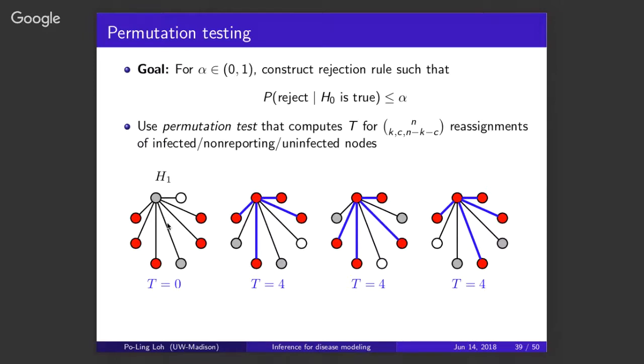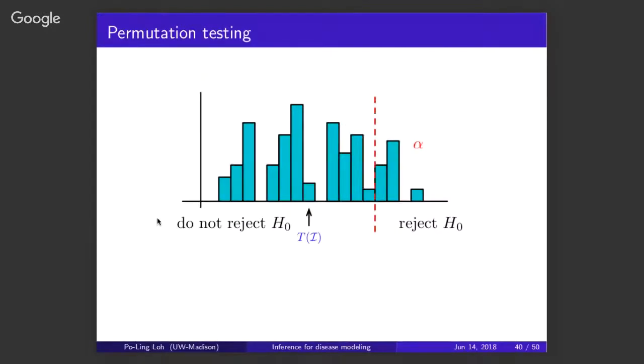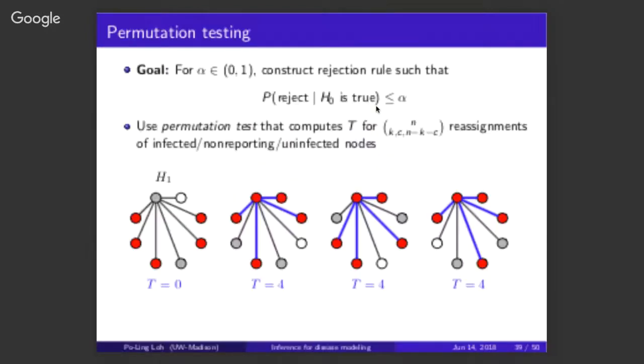So what we want to do with that is figure out some kind of a rejection rule. And if you remember from basic statistics, getting a rejection rule basically consists of looking at some kind of a distribution and looking at the alpha quantile, right? So the problem here is that this is really complicated and we have no clue what the distribution looks like, so we don't know how to pick out the alpha quantile.